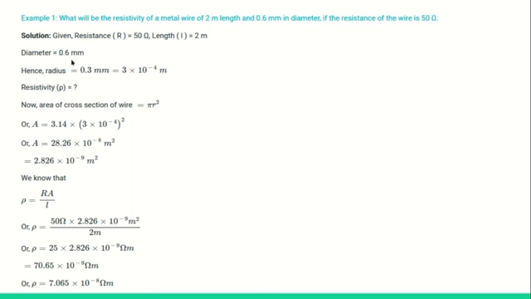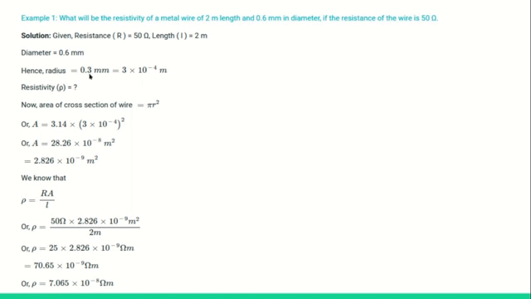So if diameter is given, we need the value of area, and the area is pi r square, but r is the radius and we are given the diameter. So we need to convert the diameter to a radius value, that is 0.6 divided by 2, which is 0.3 millimeter, or 3 into 10 raised to minus 4 meter.